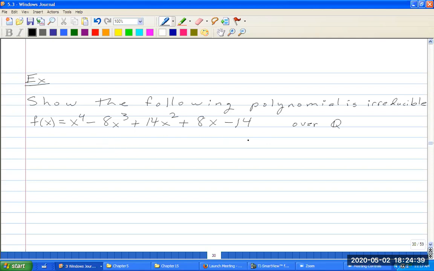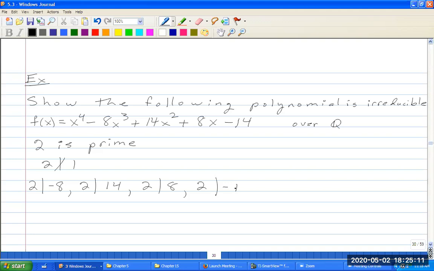And so let's see if it works. So choose prime 2. Okay, so that's a good thing. 2 does not divide 1. 2 does divide 8, 14. It does divide 8, and it does divide negative 14.